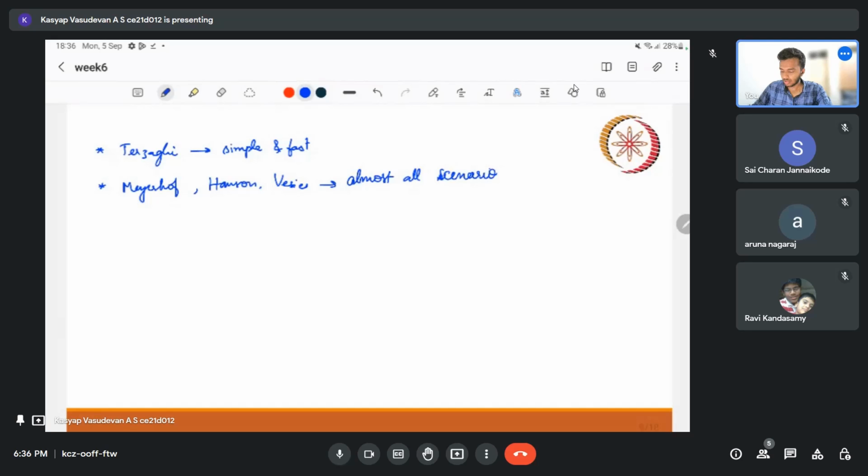These two are a little special because this also considers shape, depth, and inclination. In Hansen and Vesic, it also considers base inclination as well as ground inclination.